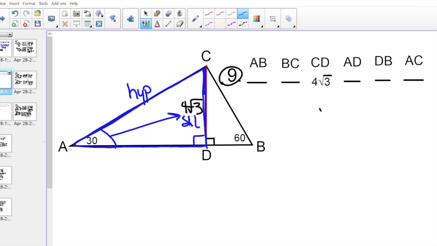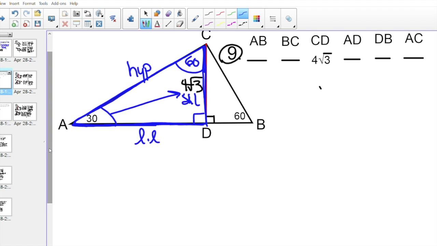And in the blue, from A to D, that's the longer leg because it's opposite this angle. Well, if one angle is 30 and one is 90, the other one has to be 60. Now, let's say we find the hypotenuse of this. The hypotenuse is equal to 2 times the shorter leg.